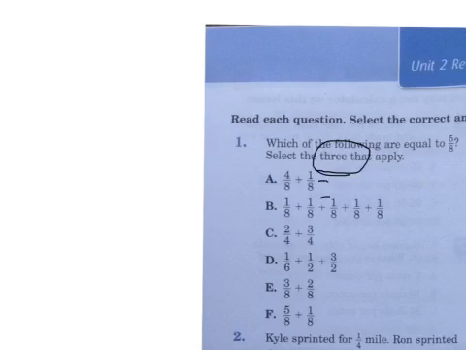So this is simply going to be 5/8. So we know just by looking at A that it is definitely one of our 3. Okay, so let's look at B. All the denominators are the same, so we're just going to add. And we have 5 ones, so we're just going to say 5/8. So B is our second choice.